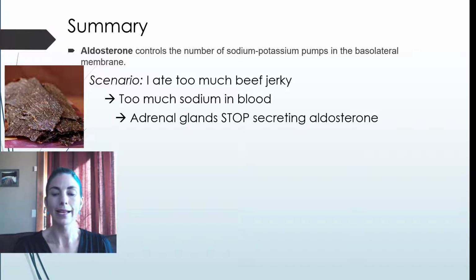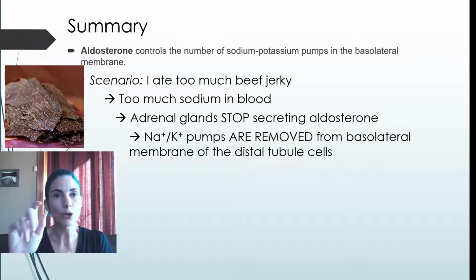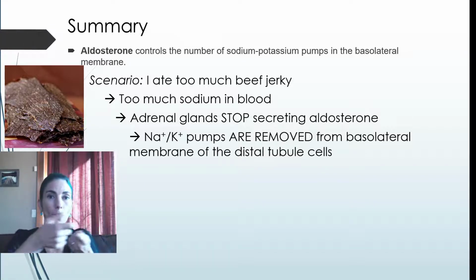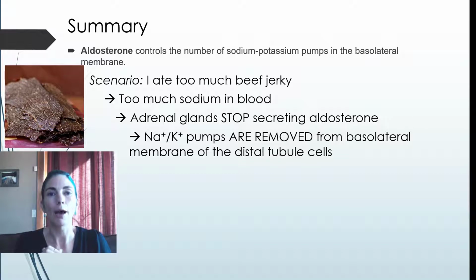When the adrenal glands stop secreting aldosterone, this triggers the removal of sodium-potassium pumps out of the basolateral membrane. So again, absence of aldosterone or less aldosterone circulating in the blood equals take the sodium-potassium pumps out of that basolateral membrane.